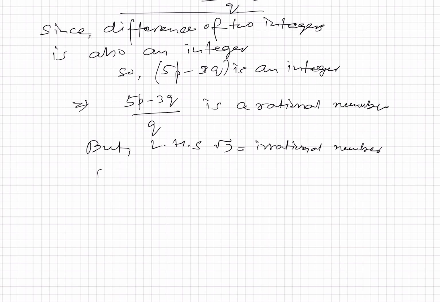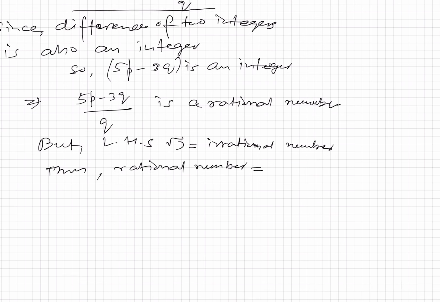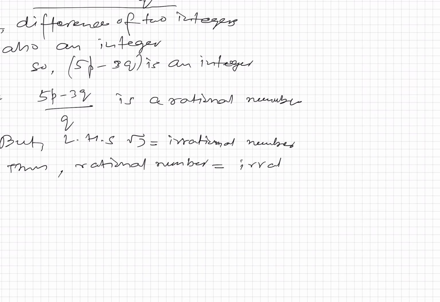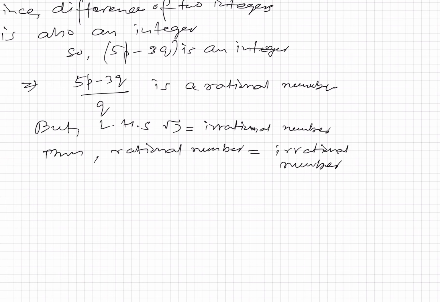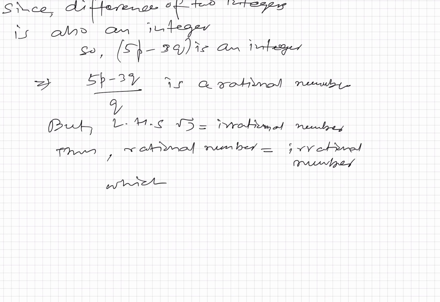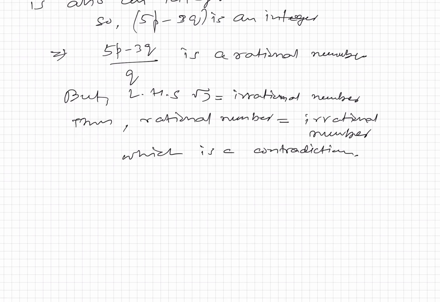So thus, rational number is equal to irrational number, which is a contradiction.